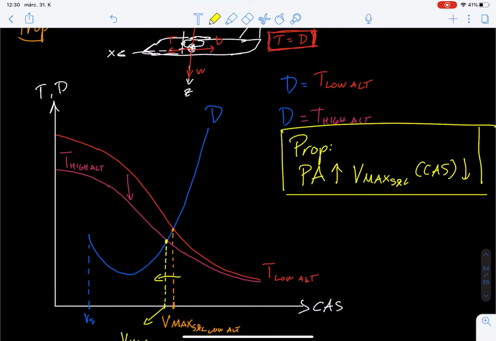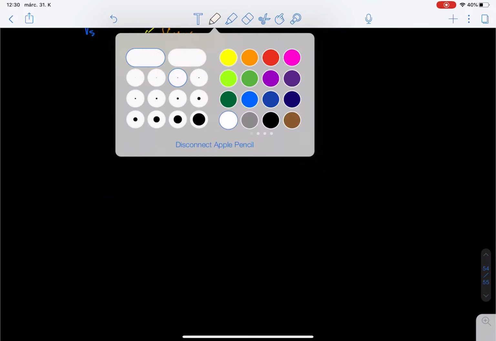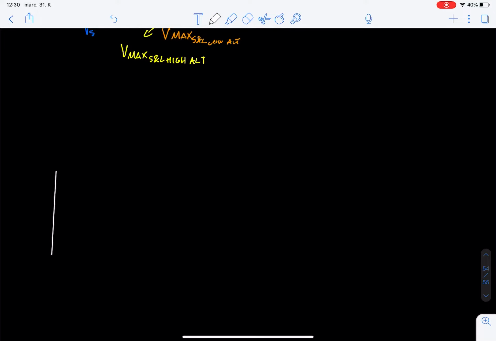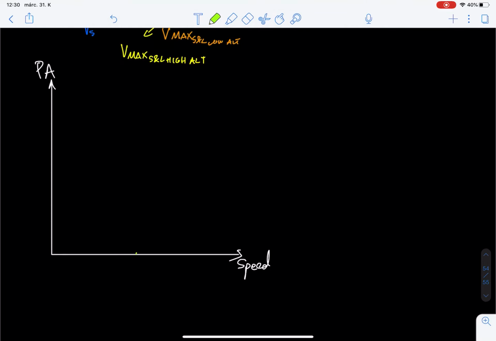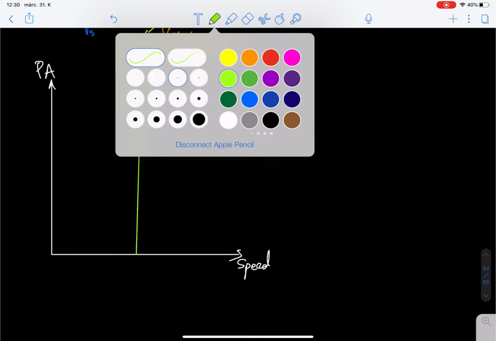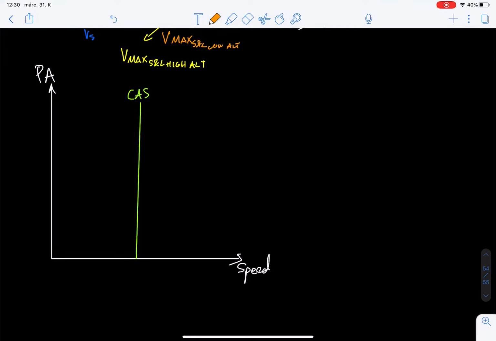All right. So how we looked at it initially is that we said that during the climb, if you maintain, so this would be pressure altitude and this would be speed, if you maintain a constant calibrated airspeed, in that case, because of the reduction in density, to maintain the constant dynamic pressure, your true airspeed would actually increase, right?